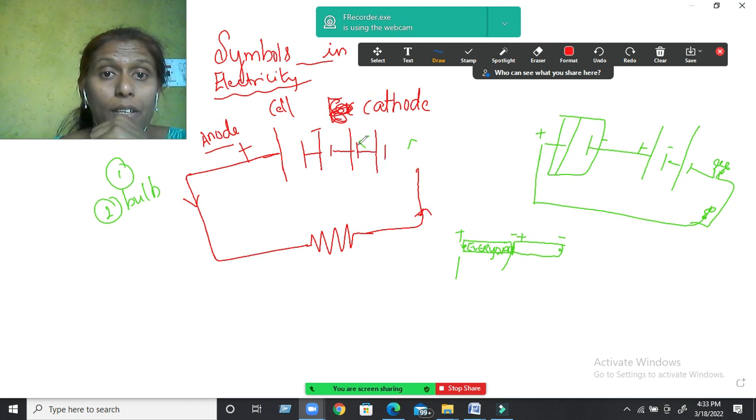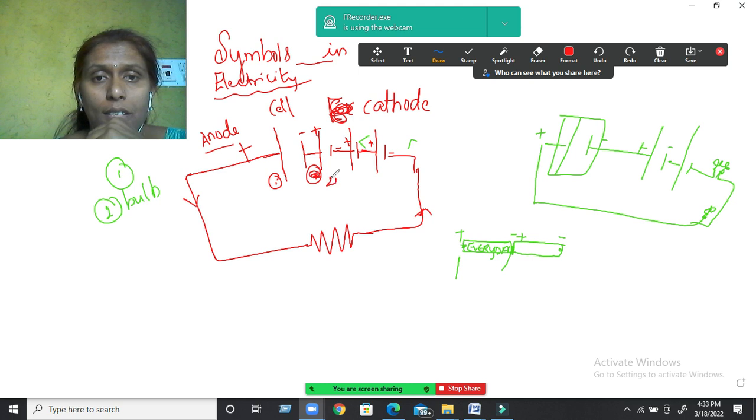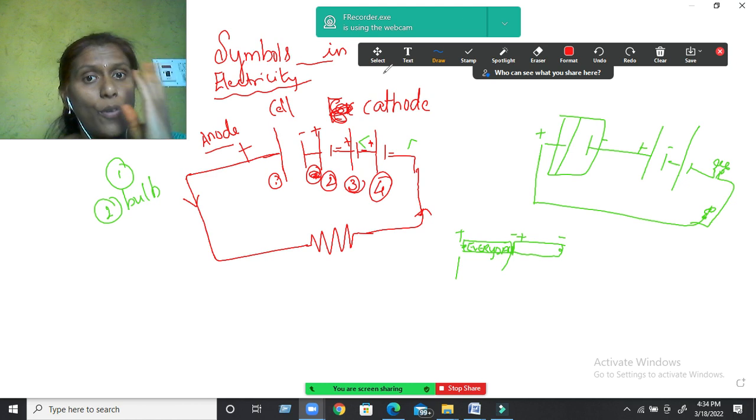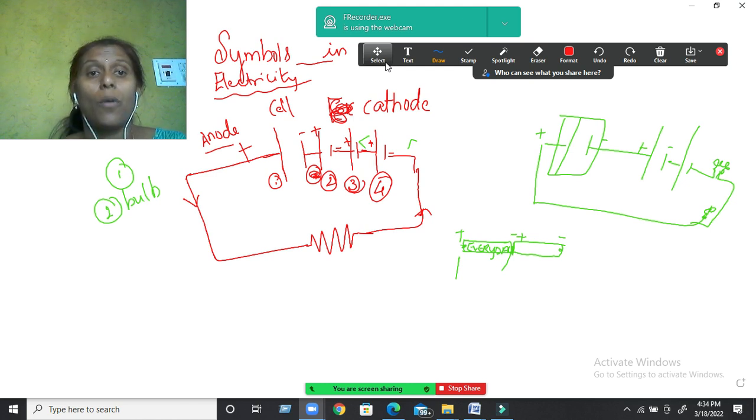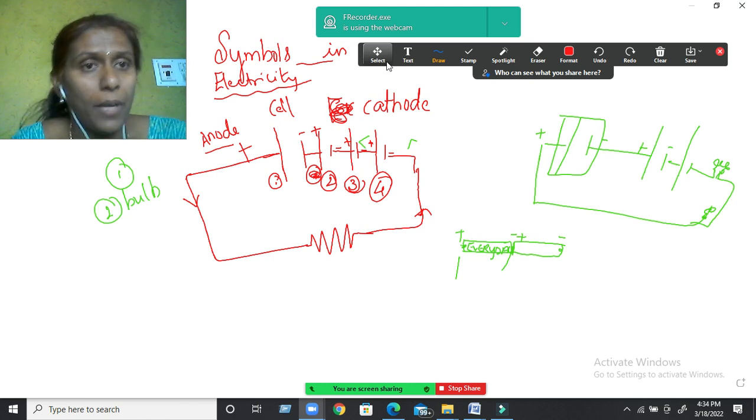If you observed, this was the positive side and this was the negative side, and this is again positive side, negative side, positive, negative. Here is cell number 1, this goes as cell number 2, number 3 and number 4. So we connected 4 cells here. We can connect multiple cells like this. Got it? So now we understood multiple cell connection also.